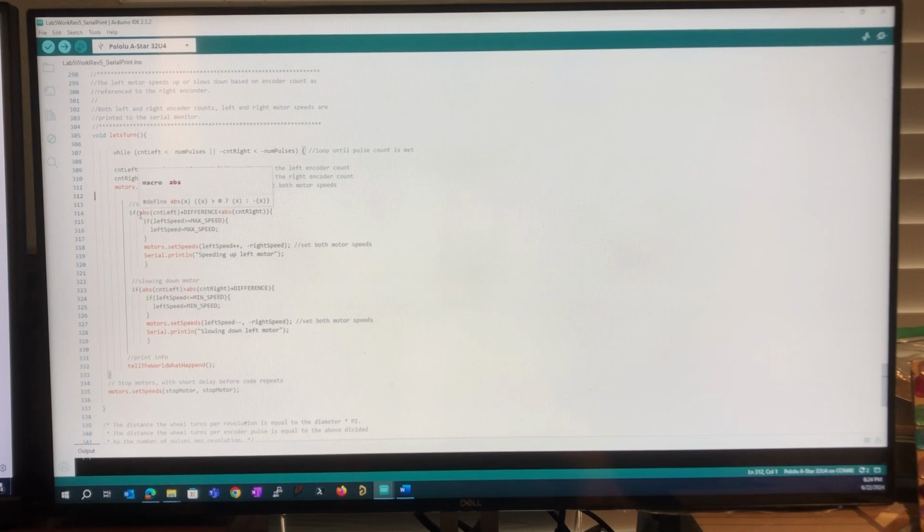If the absolute value of the left count plus the difference of 0 is less than the absolute value of the right count, we're going to increment the left motor, speed it up. I say absolute value because again we're reading the value of the right; it looks negative, but it's just because it's going the other direction.